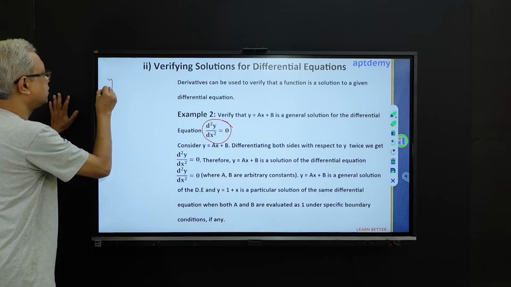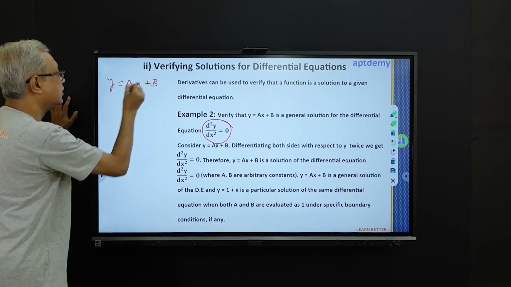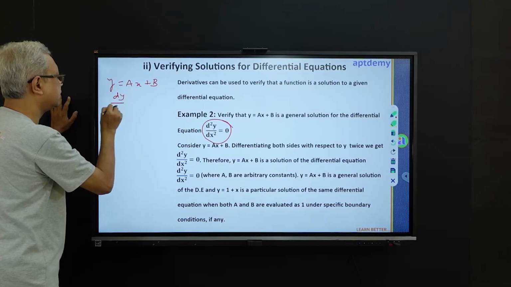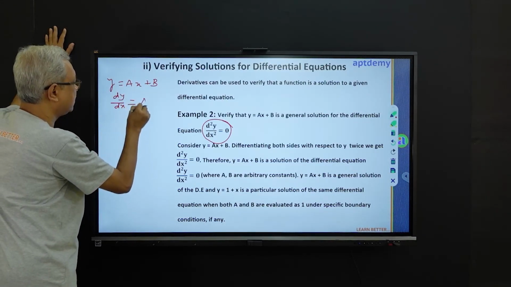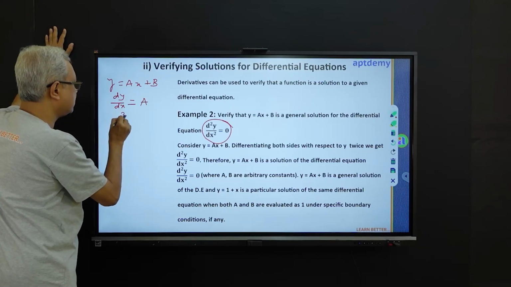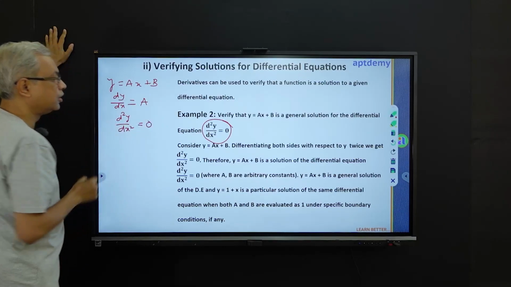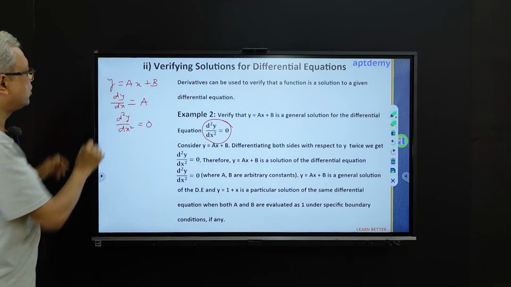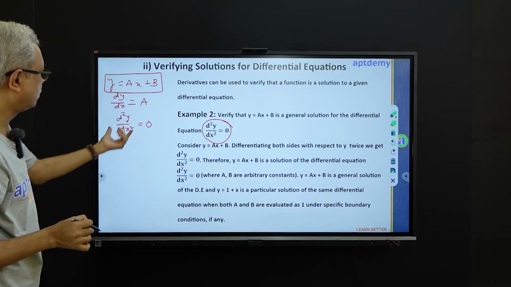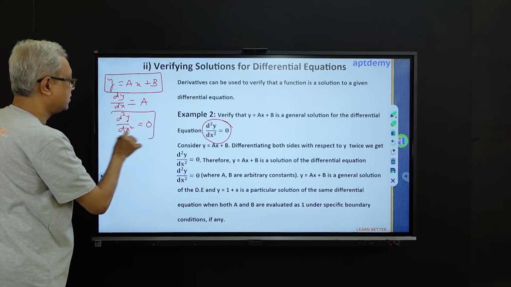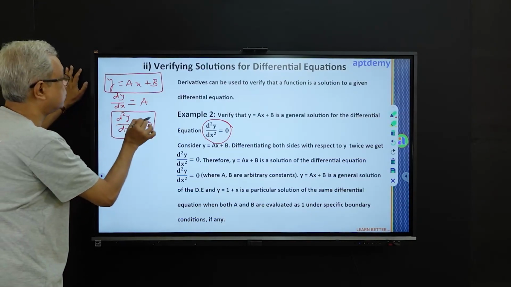So begin with y equal to ax plus b, where a and b are arbitrary constants. dy/dx is a, and d2y/dx square is 0. So y equal to ax plus b is a general solution of this differential equation, d2y/dx square plus 0 equal to 0.